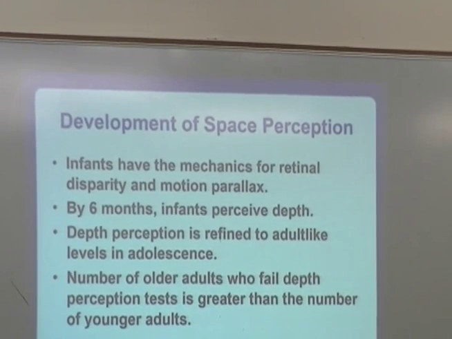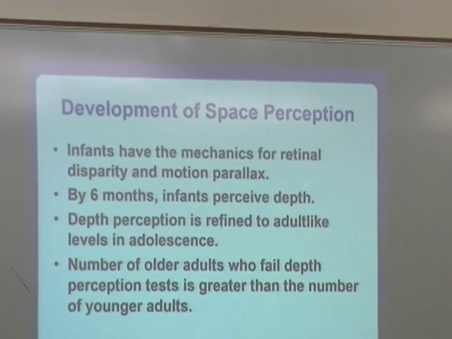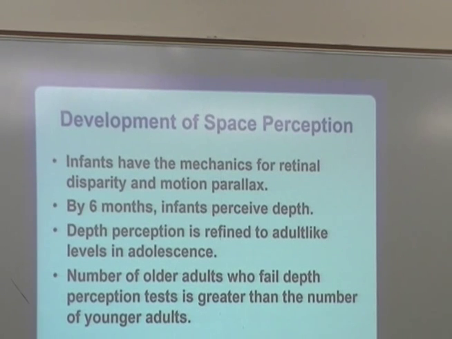As we get older, then lab tests for depth perception get worse and worse. Your scores, when you go to the eye doctor and they do all their clever tests, not just get you to read the letters, get worse and worse as you get older.